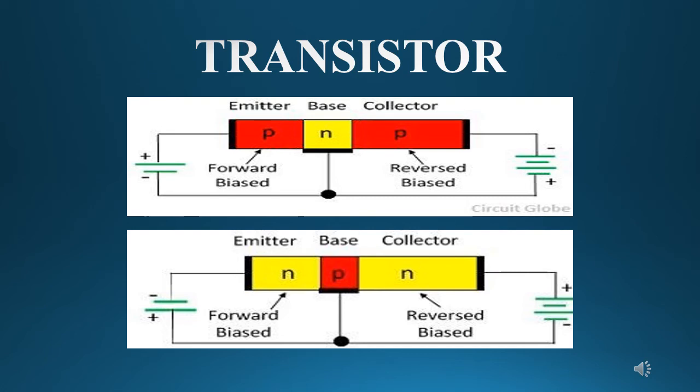Now each PN junction has two terminals, and we connect a cell between the two terminals, so it gives a potential difference across a PN junction. So for one PN junction, we have to give a potential difference across it with the help of two terminals.